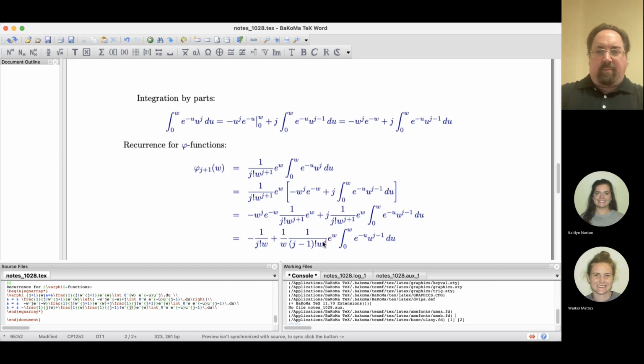And then I have a remaining w to the j over here. So now if I compare this part to here, that's just the previous phi function.